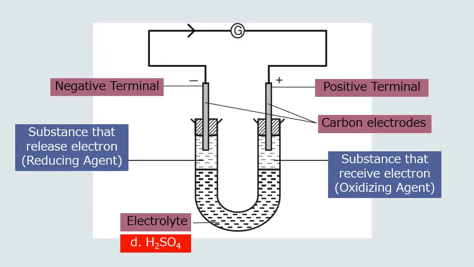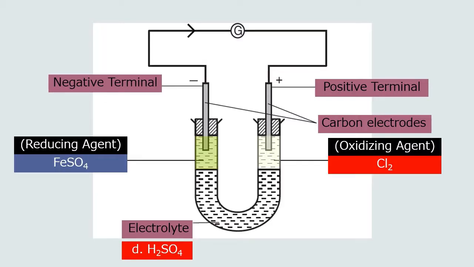Electrons will be transferred from the reducing agent to the oxidizing agent through the connecting wires. We can see the changes in the color of the reducing agent and oxidizing agent. To confirm that there is a transfer of electrons, the galvanometer needle will be deflected.